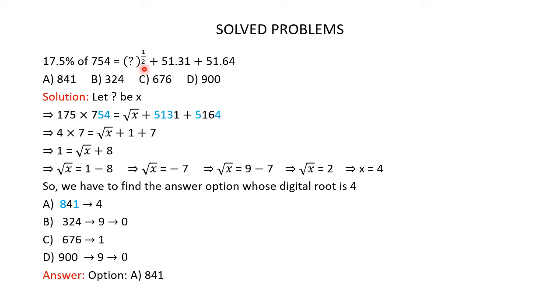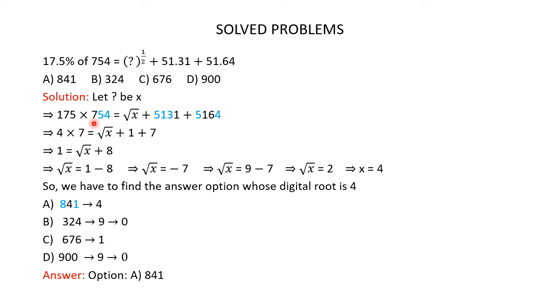Now x raised to the power half means square root of x. In these two numbers you can ignore the decimal point. So now you have 175 multiplied by 754 is equal to square root of x plus 5131 plus 5164.